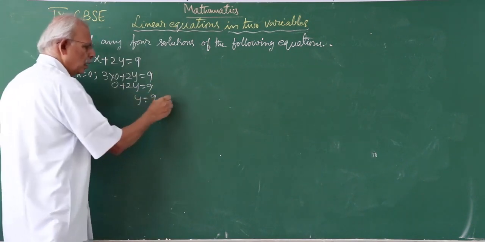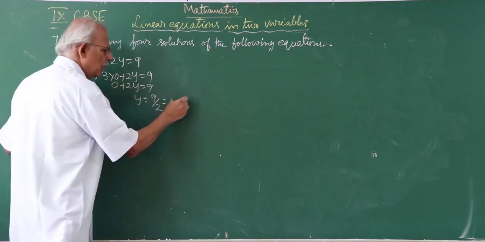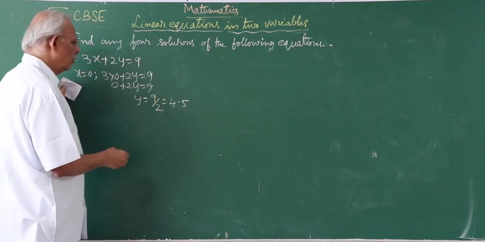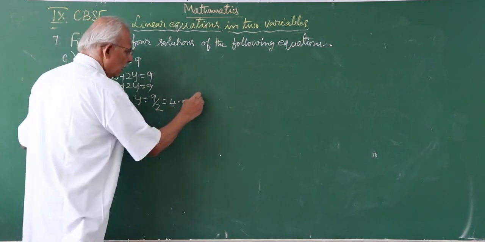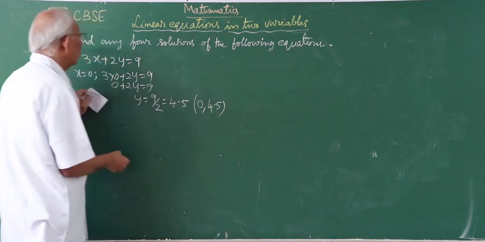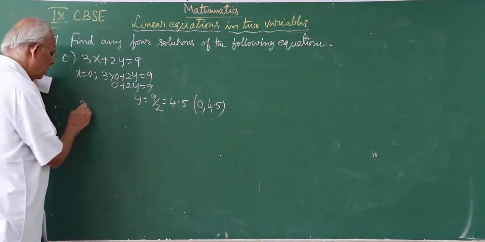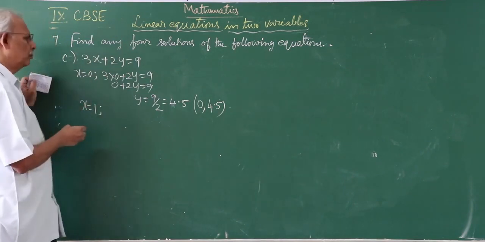2 4s are 8, 1 remains. You put a point, it becomes 10. 2 5s are 10. So when x is equal to 0, y equals 4.5. Now put x equal to 1.